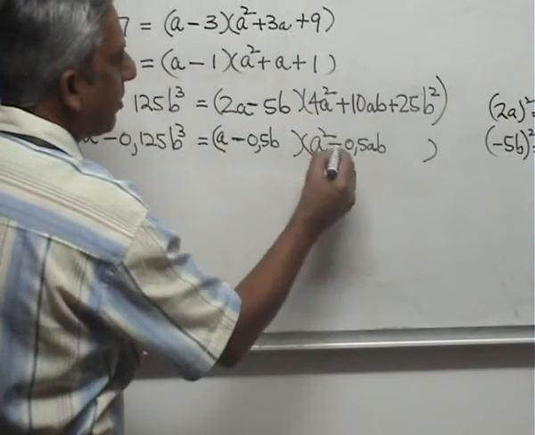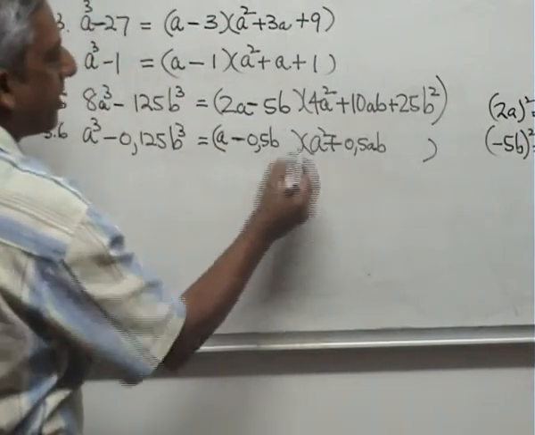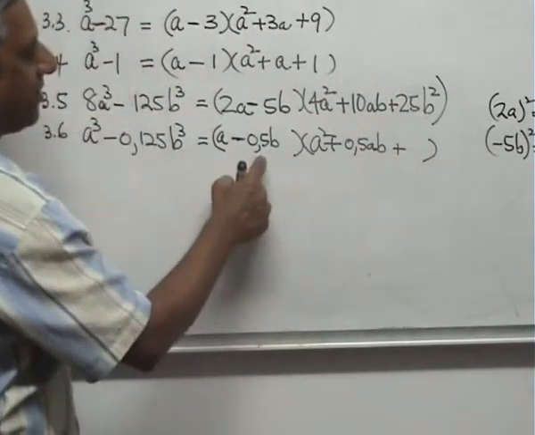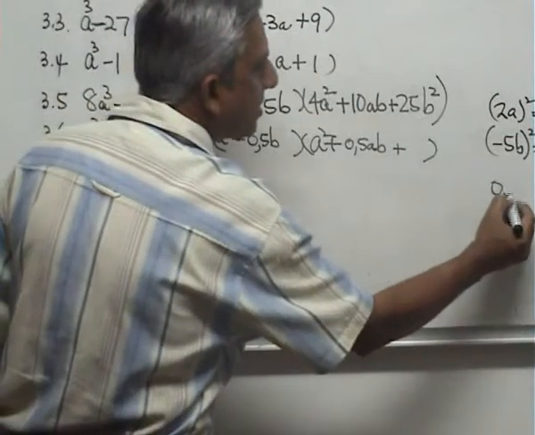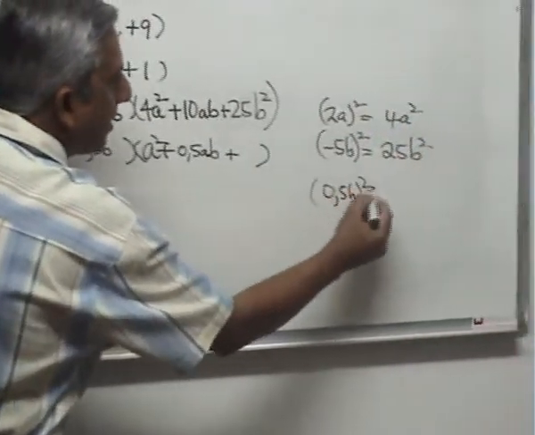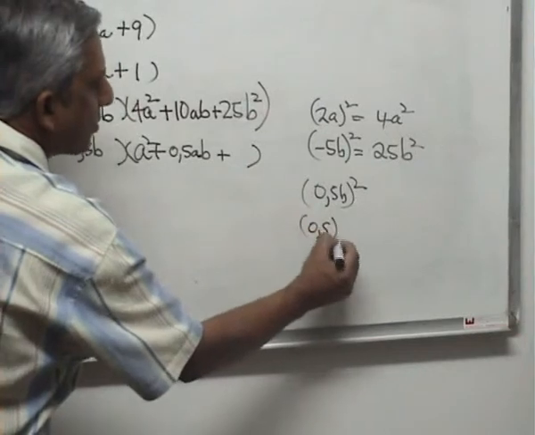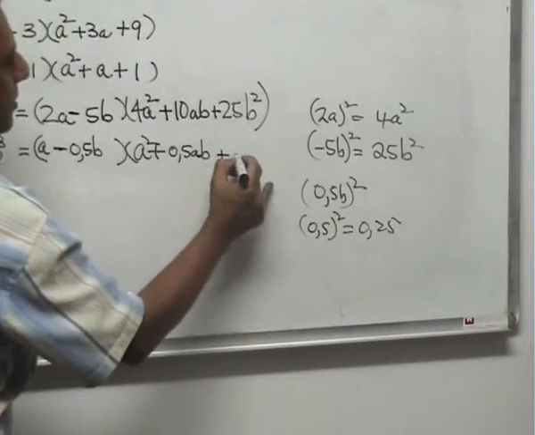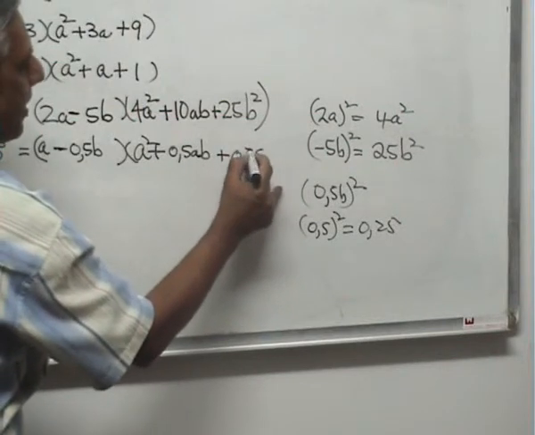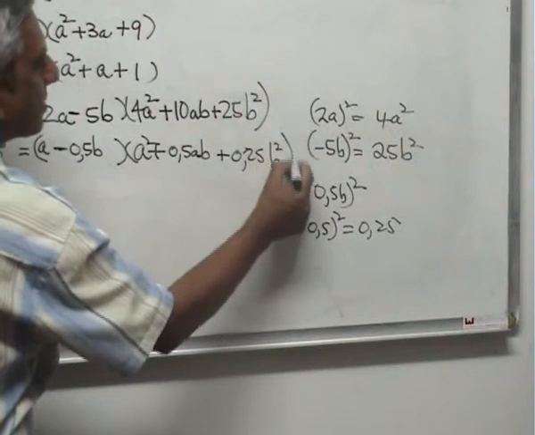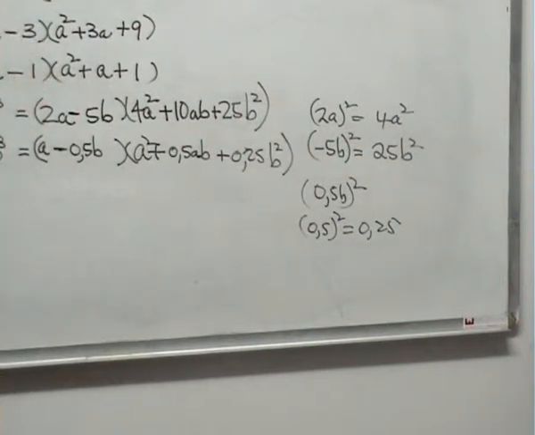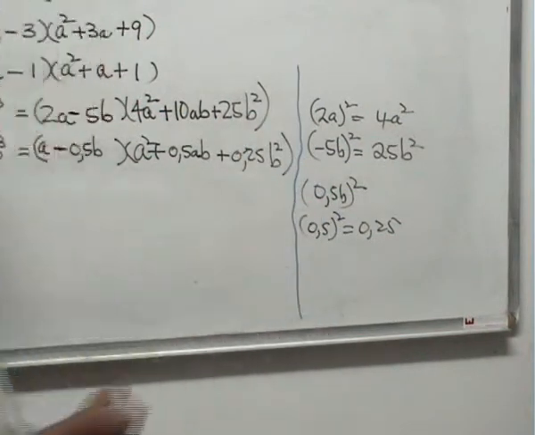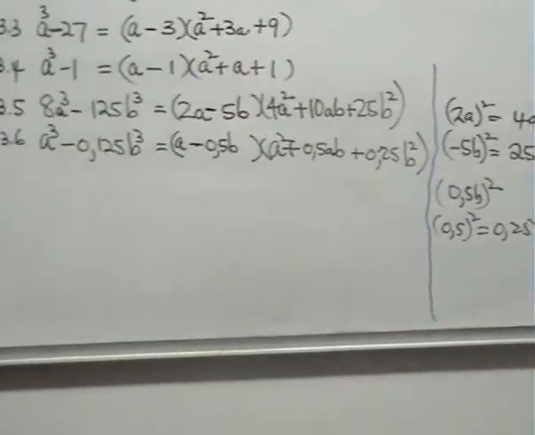This is minus, that will be plus. And then square 0,5b. So you're squaring 0,5b. If you want to square 0,5, use your calculator and it will give you 0,25. So this is 0,25b squared. Right? Remember that on the other side is just my rough work. Okay, that's 3.6.